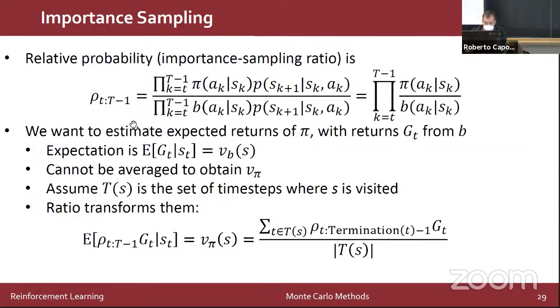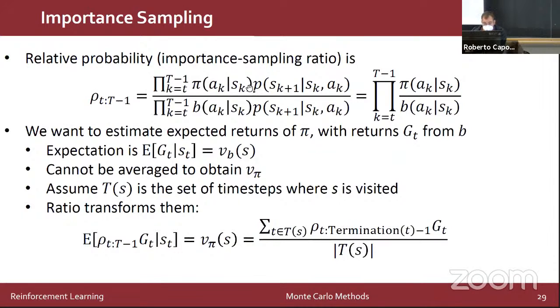So to recap, this is the probability of a trajectory that is generated by B, and this is the probability of the same trajectory as it would have been generated by pi, as it would have been generated by the target policy.